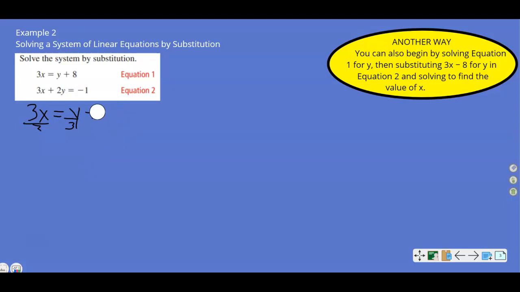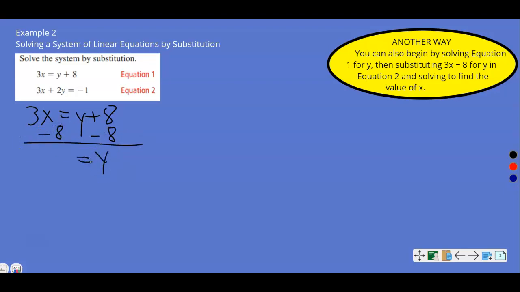Sometimes it may be easier to solve for x, and you can get the same answer, but it may be a little easier without fractions. Sometimes it's easier to make fewer mistakes if you're not dealing with fractions. All right, so y equals 3x minus 8.